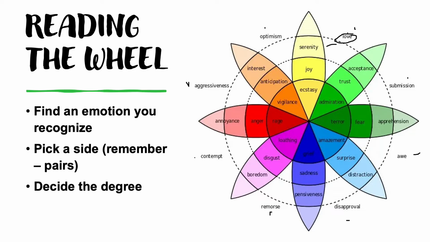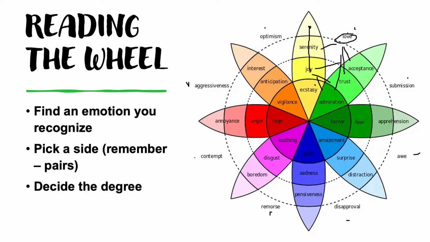So for example, you'll either experience serenity and acceptance, serenity and trust, serenity and admiration, joy and acceptance, joy and trust, joy, admiration, ecstasy. And what happens is everything that starts here is very mild, so you don't experience a lot of emotion.